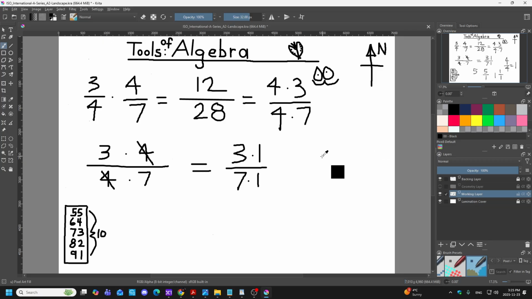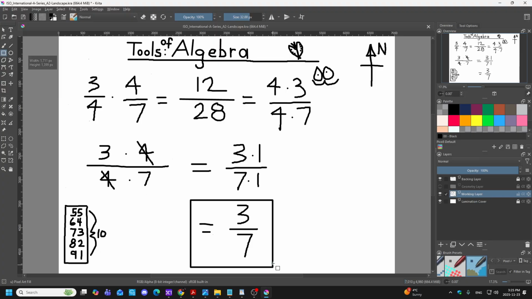All right, so the final answer, 3 over 7. I know that was a lot of extra stuff going on, but if you can recognize this right at the beginning, you save yourself from doing more work. You're jumping forward, and now you're having to jump backwards to where you started, right?